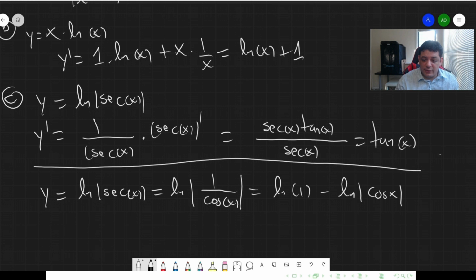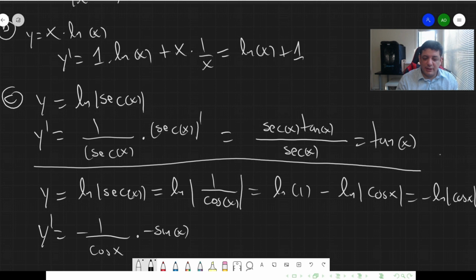Since log of 1 is 0, we can just write this as minus log of cosine of x. So we transform something from being in secant to being in cosine. And so y prime is going to be minus 1 over cosine of x times the derivative of cosine, which is minus sine. That gives a minus and a minus, a plus. So that's going to give me sine over cosine, which leads to tangent of x.